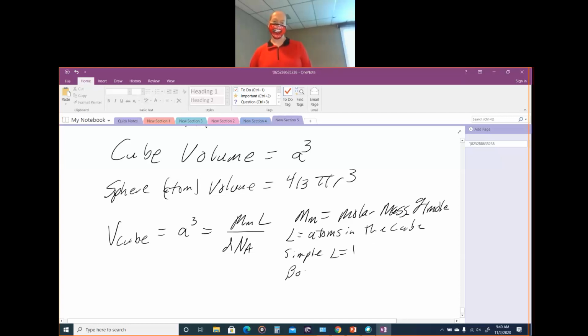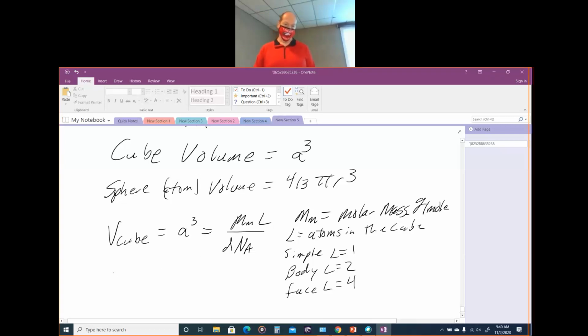Body, L is equal to 2. Face, L is equal to 4. So those are your three choices for L. It's either going to be 1, 2, or 4. We're only doing 3 of the types of the crystal lattices: the simple, the body, and the face. So 1 atom in the cube, or 2, or 4.